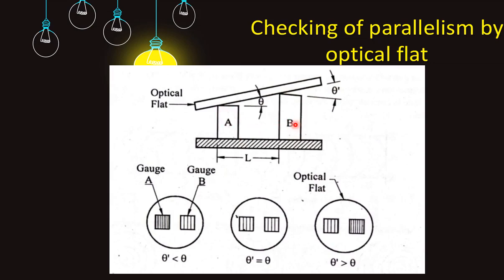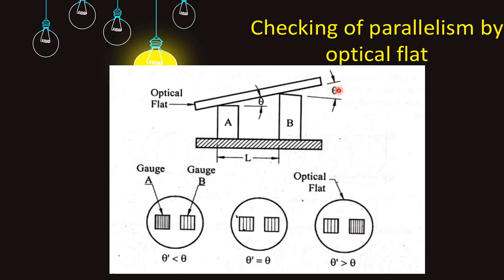Here A is the standard reference gauge and B is the gauge under test. L is the distance between A and B and it is measured very accurately. In case A and B are perfectly flat but a difference in height is present, then there will be equal wedge shaped air layers between the gauges A and B and the optical flat.